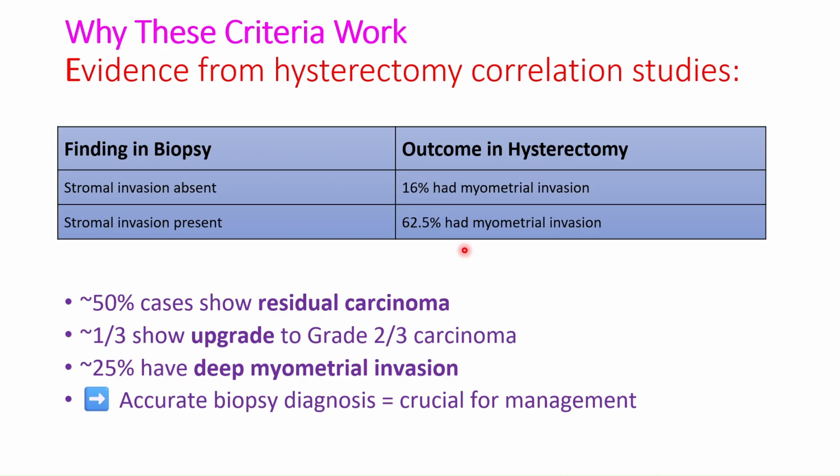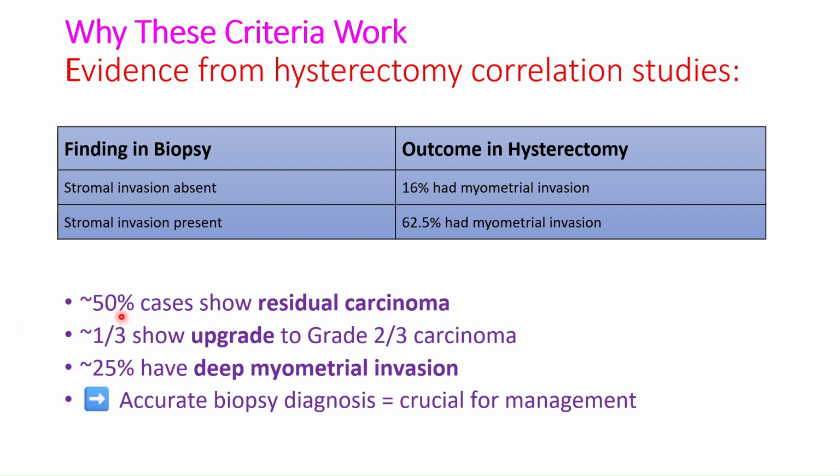So here, why does this criteria work? There is evidence from hysterectomy correlation studies. It says that when stromal invasion is absent in biopsy, in hysterectomy there is 60% had myometrial invasion, and when stromal invasion is present in biopsy, in hysterectomy specimen 62.5% had myometrial invasion.